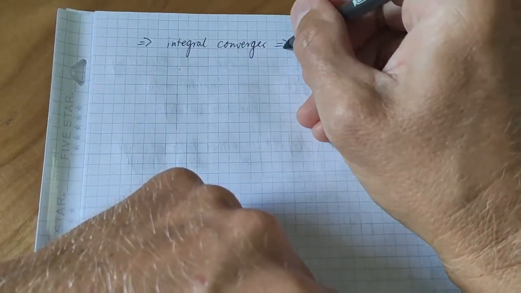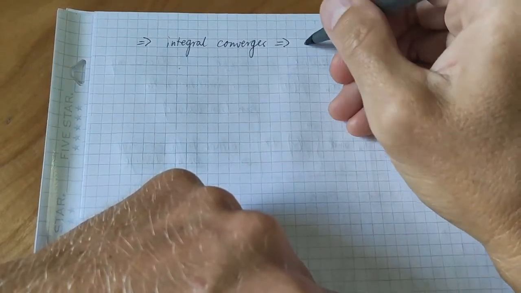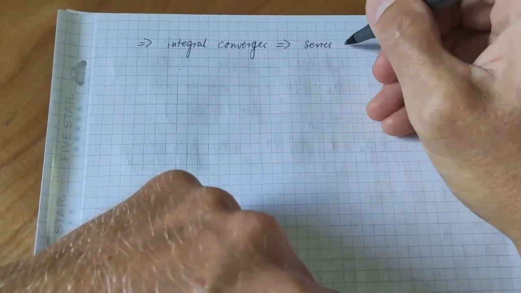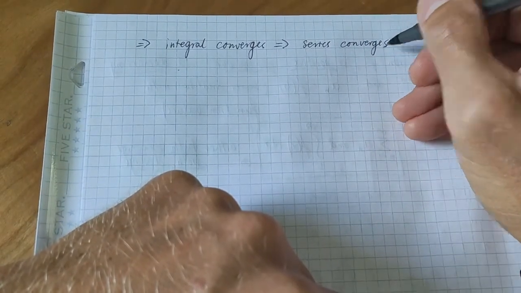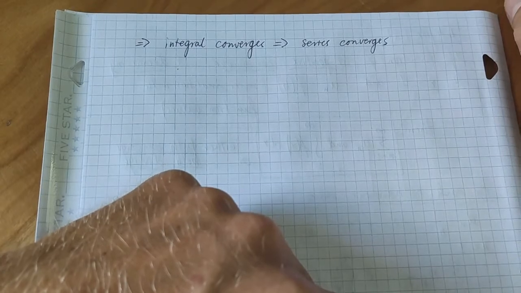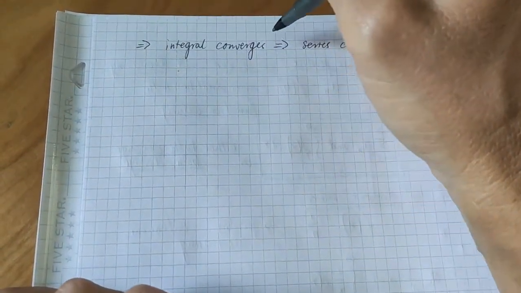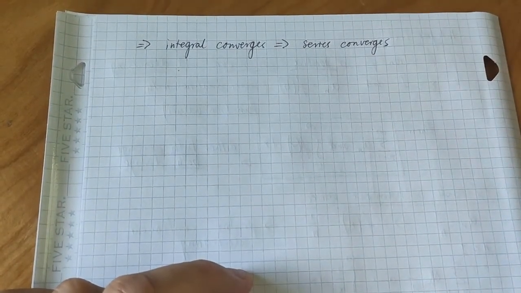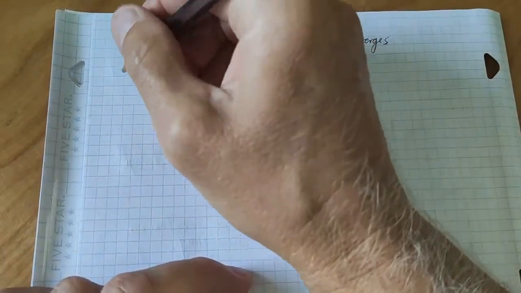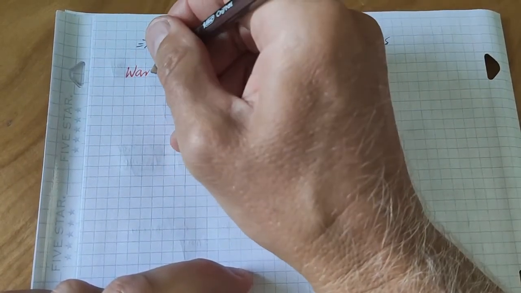And then, based on the theorem, we can say that the series converges. Unfortunately, we don't know what it converges to, because the fact that the integral converges to pi over 4 doesn't mean that the series converges to pi over 4. So let me just write a warning.